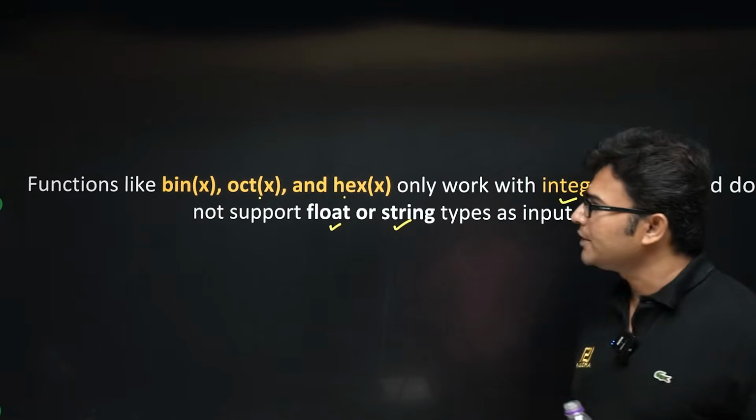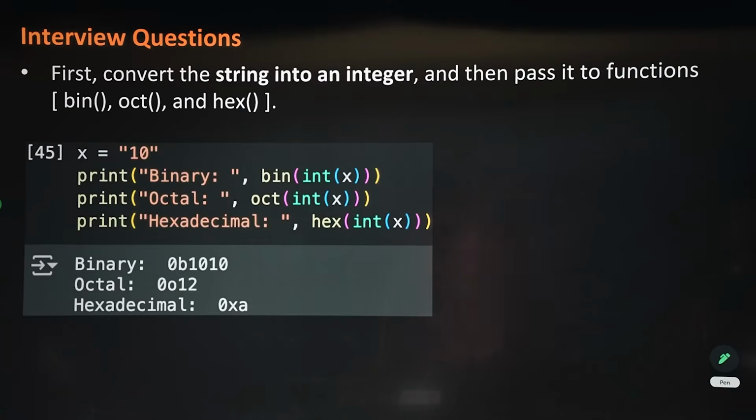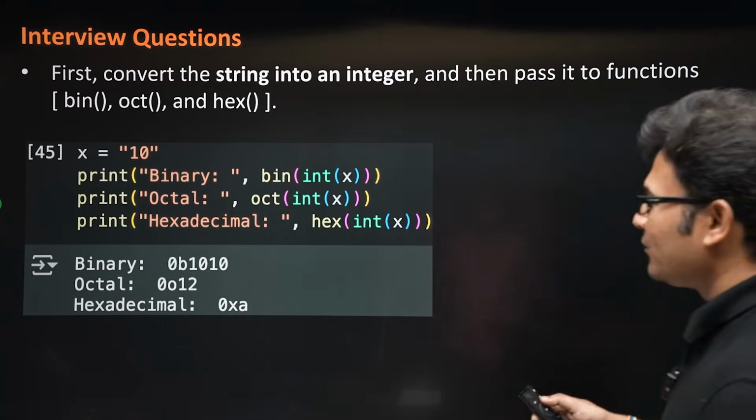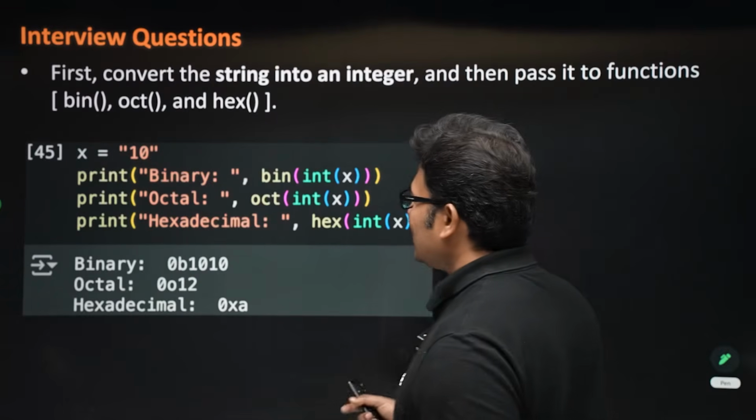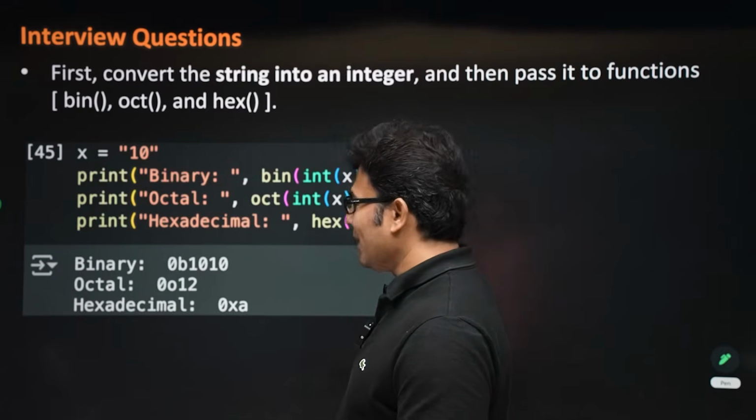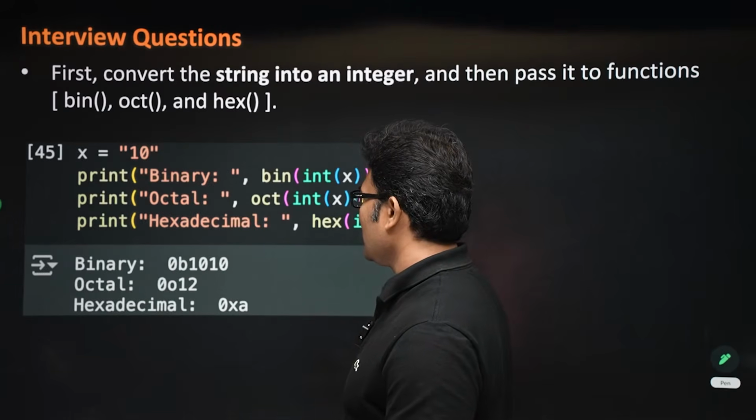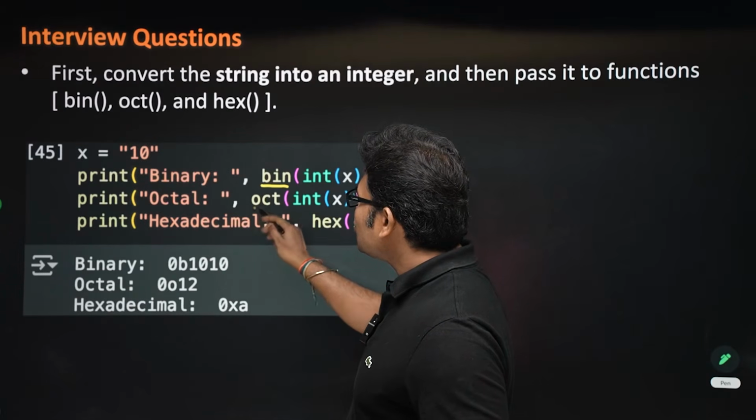Now let's see the remaining interview questions. When I say that a string cannot be converted to binary or octal or hexa, it does not mean that there is no way to convert it.